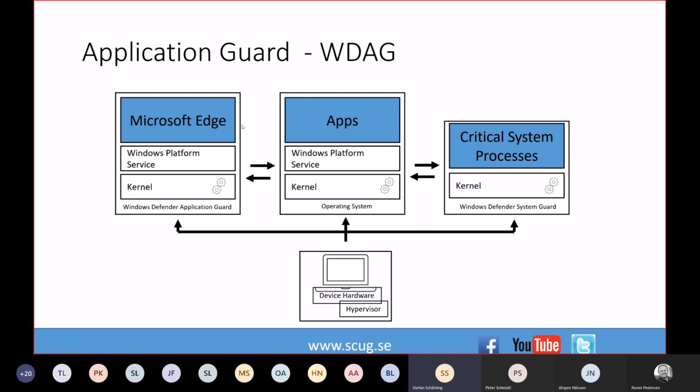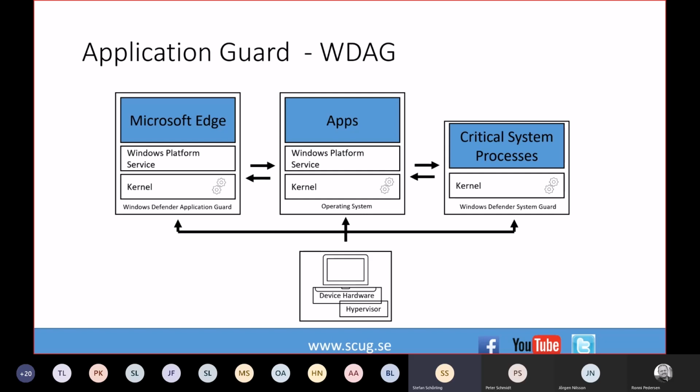This is isolated mode, so you can run Edge in an isolated mode, and it shouldn't interact with the rest of the operating system. This is pretty cool. It does require a minimum of 8 gigs of RAM, so not all your machines may be able to run it. But it's something going forward, and they're working harder to do more isolation.